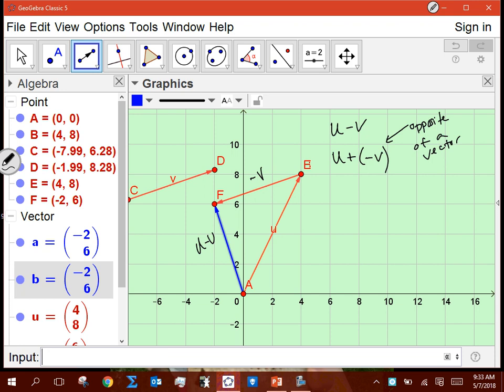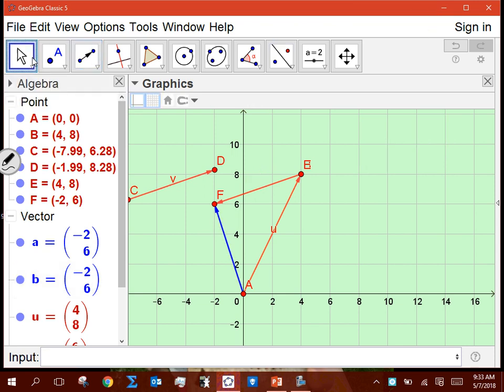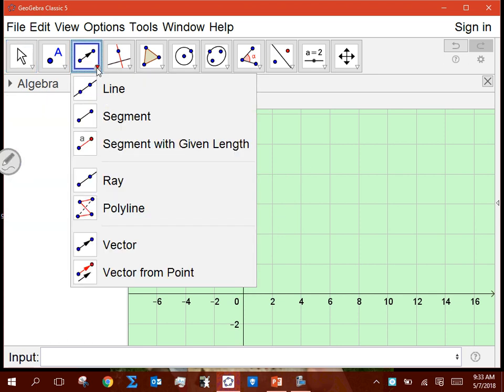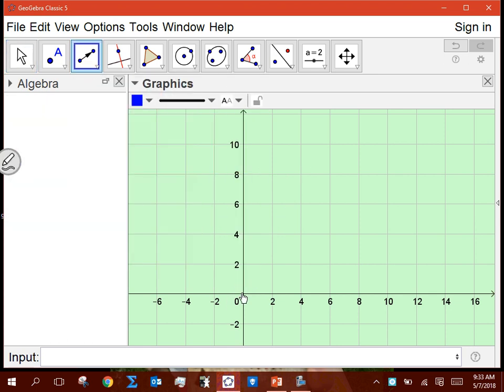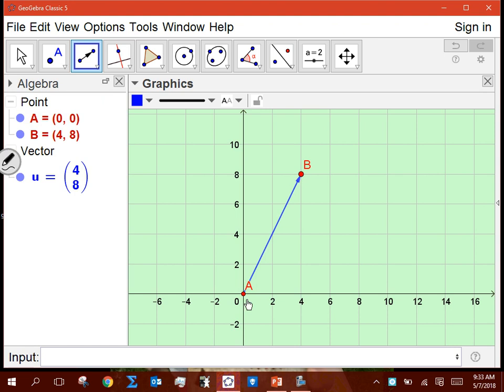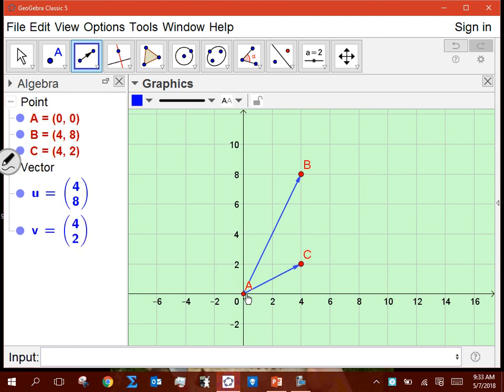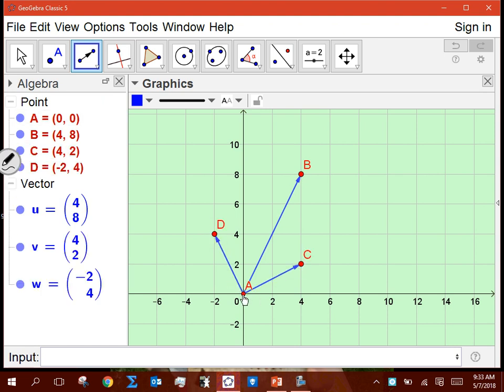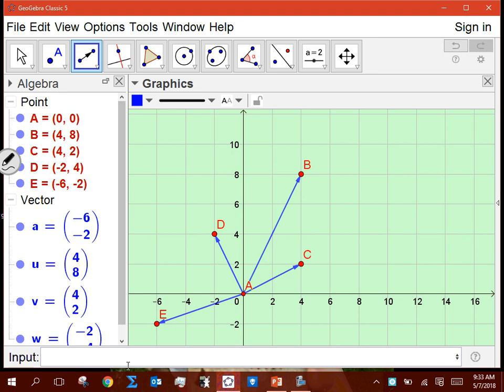So what they get you to do in your homework, if you start looking at that this evening, which I do suggest, they're going to put a series of vectors. Usually they just kind of originate a bunch of them here at 0, 0, so they might do something like that.